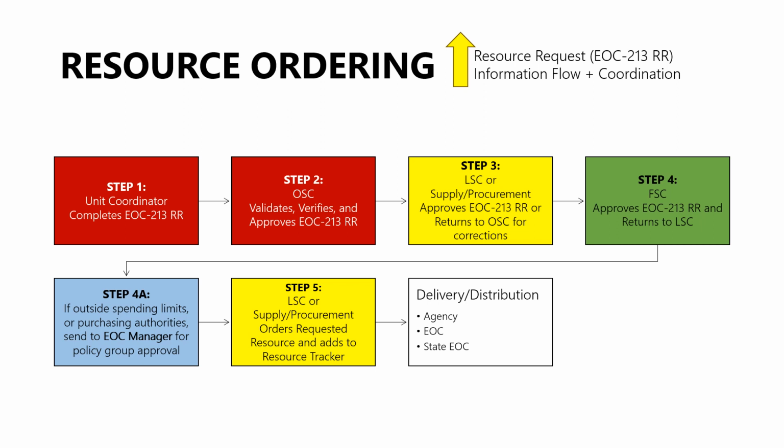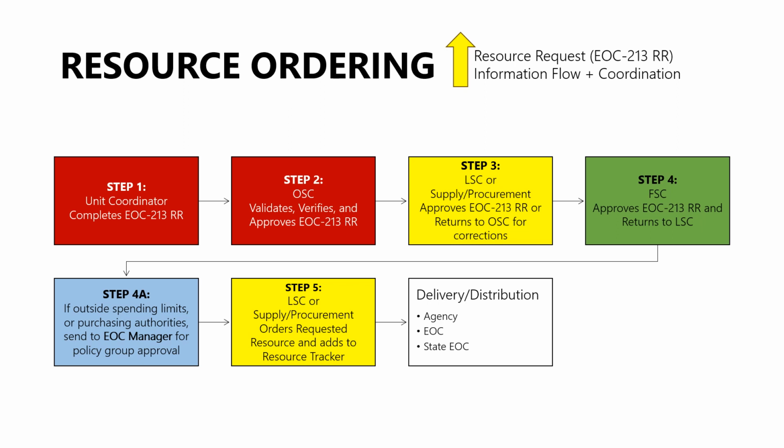The operations section coordinator is also going to help determine the priority of those resources. If there are multiple requests coming in for the same resource, and we can't get enough to handle all of them, who is going to get priority on that? If we can't decide that within the operations section, we may need to bring in the policy group to help make those determinations.